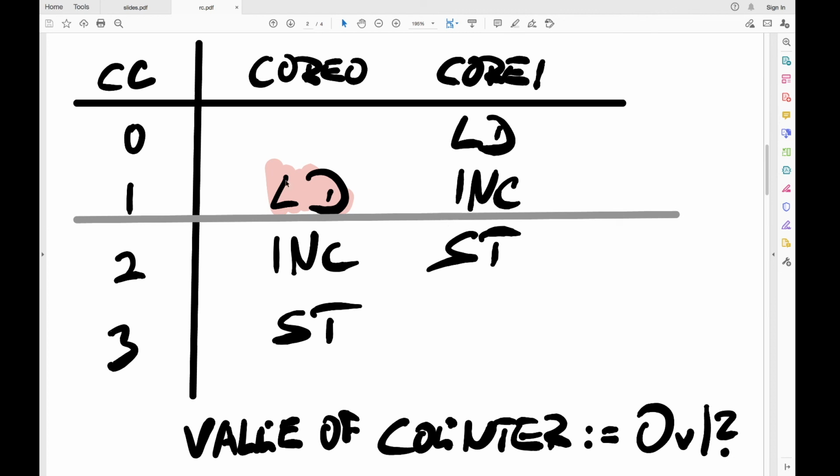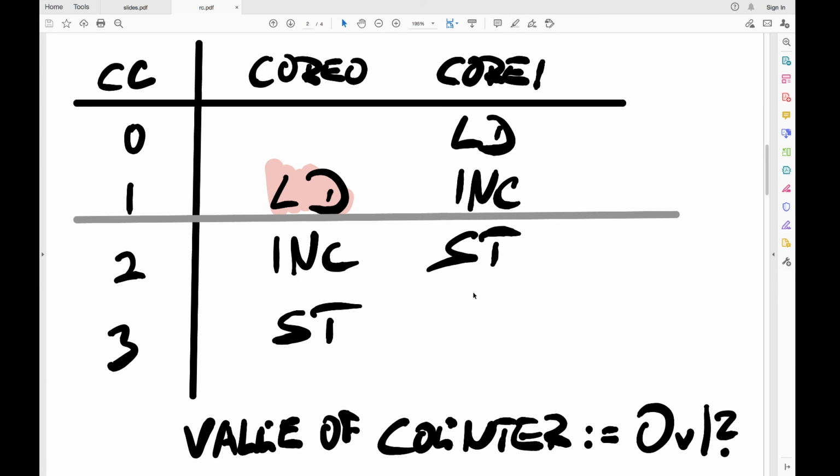And already when we perform the first load on core number 0, we don't know what the value of counter will be, because the increment instruction, so the addition, the immediate addition, will happen concurrently. And we don't know if the increment will happen a split second before or a split second after the load.